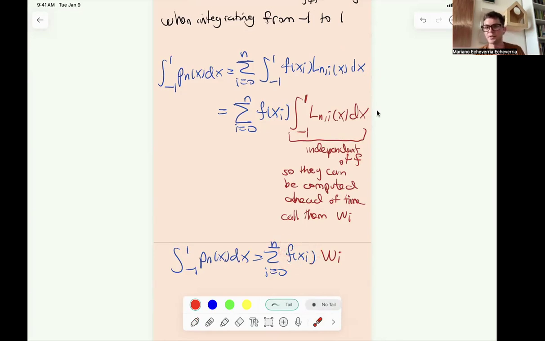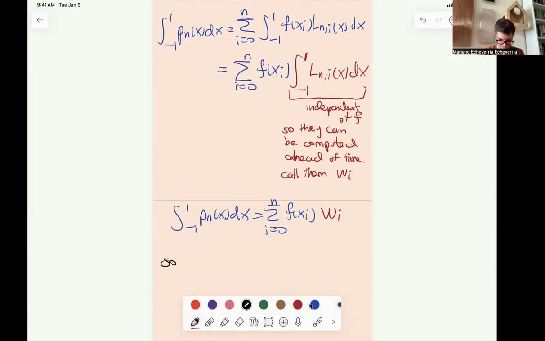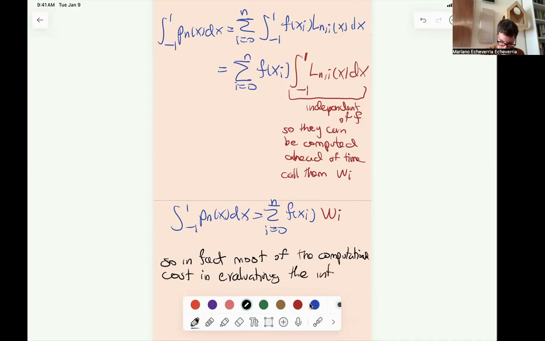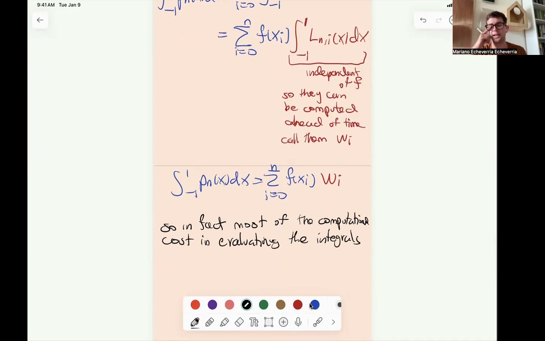It's dependent on the function, whereas these weights are not. So actually most of the computational cost of evaluating the integrals is spent in just computing f of xi. And so that's interesting.